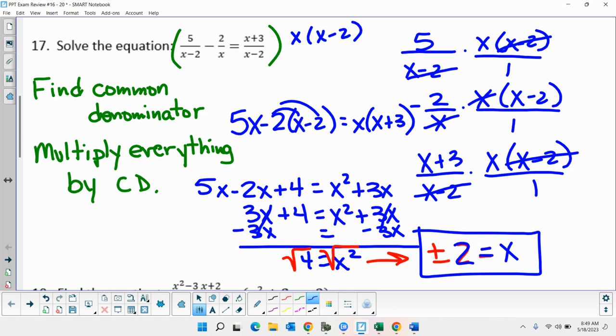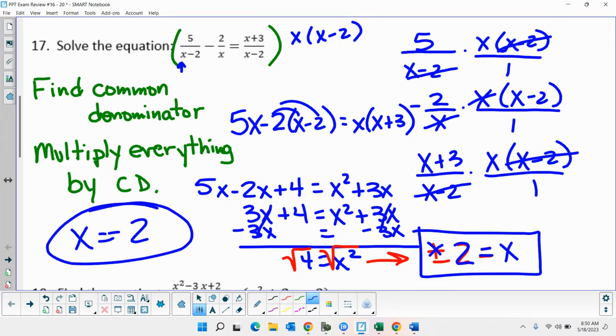If I plug 2 in for x right there, what happens? What do you get? 0. Is 2 a good answer? No. If I put negative 2 up there, is it okay? Yeah, so the positive 2 is not a good answer. The only answer that works is negative 2.